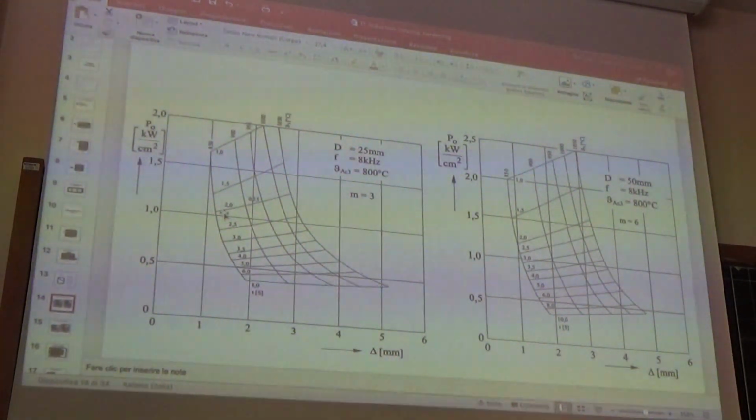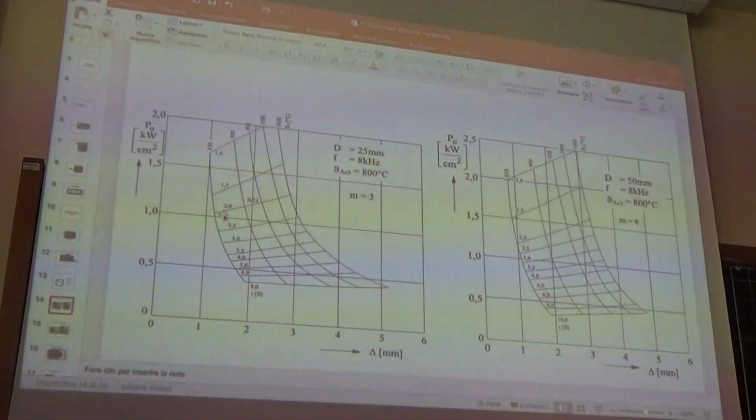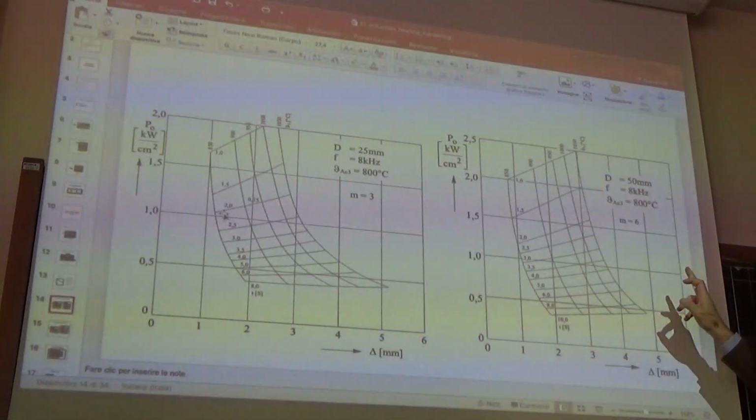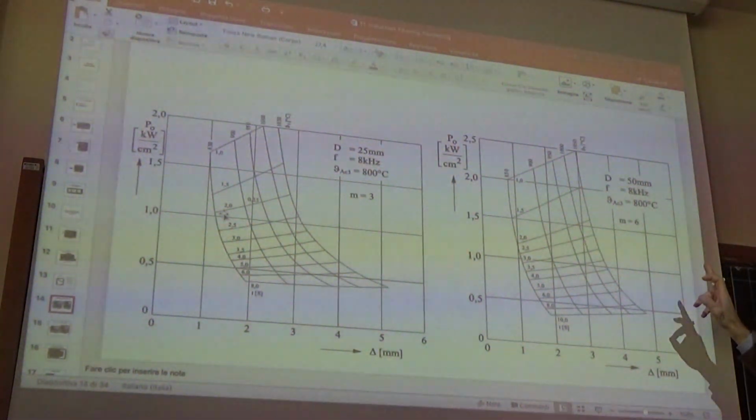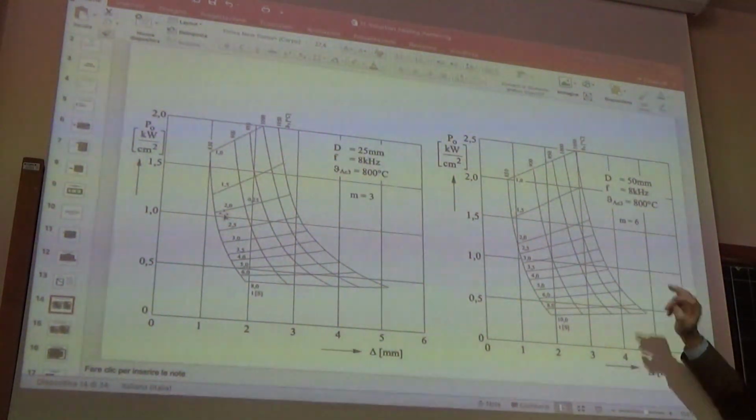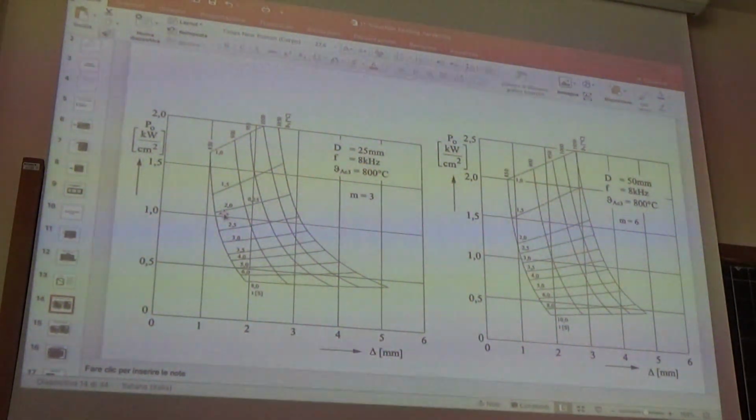These diagrams are obtained for a specific AC3 temperature, for a specific diameter of the billet and for a specific frequency. Okay? This is a very useful abacus.